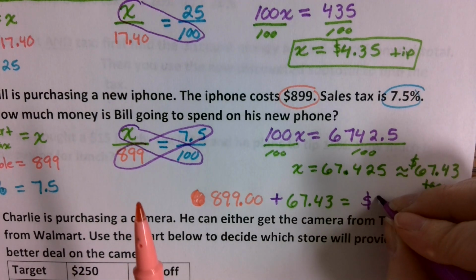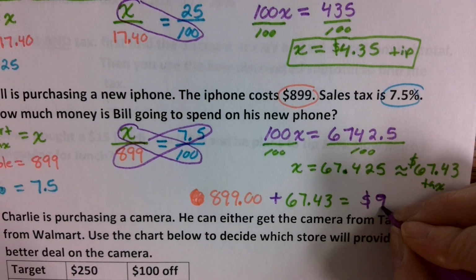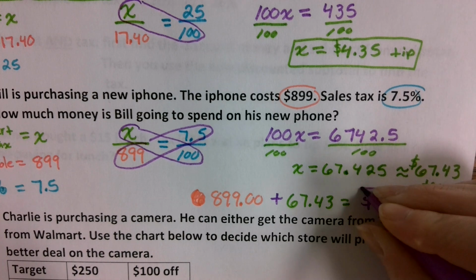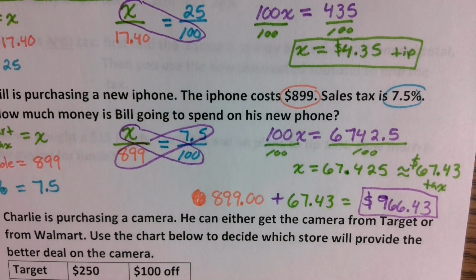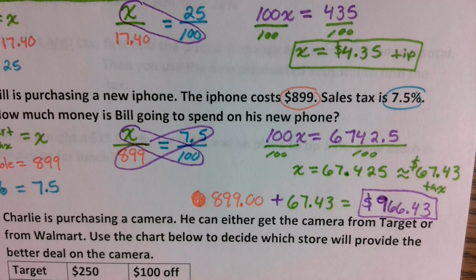He's going to spend $899 plus 67.43. He's going to spend $966.43 on the phone, because he has to pay for the cost of the phone and he has to pay for the tax on the phone.